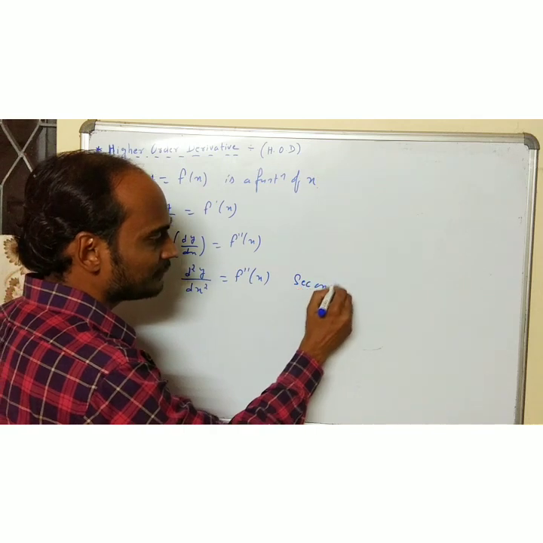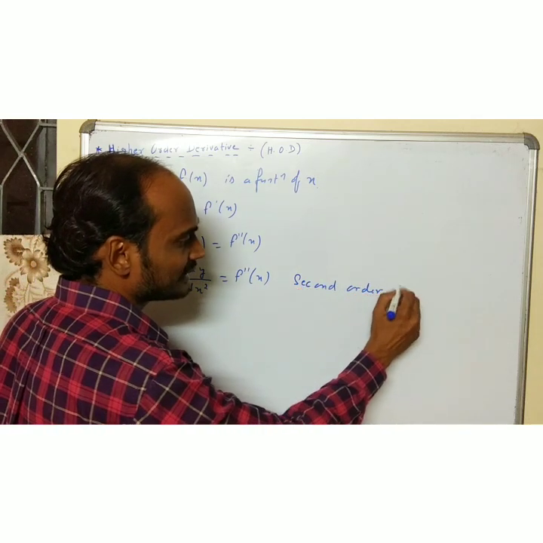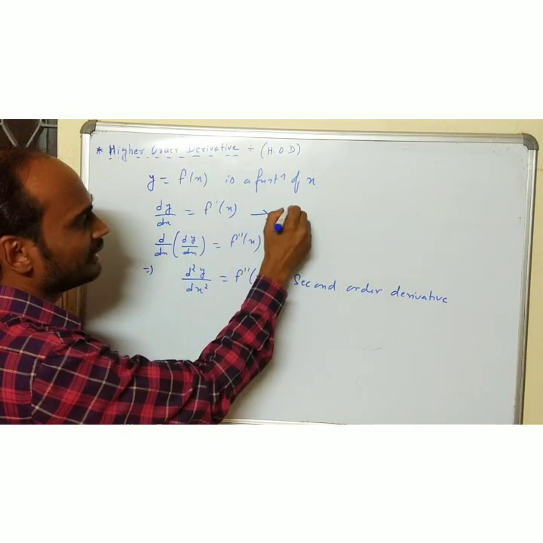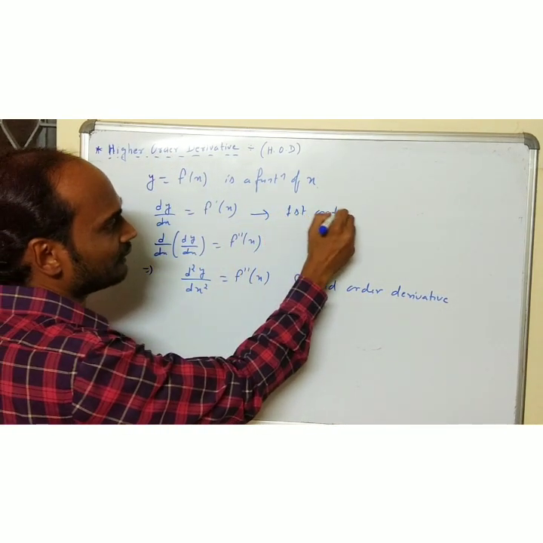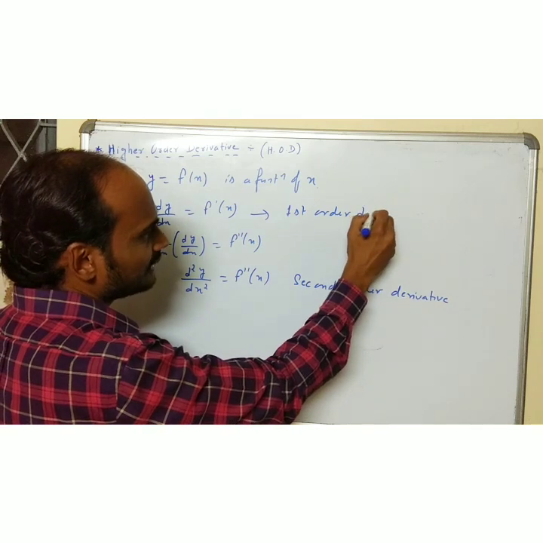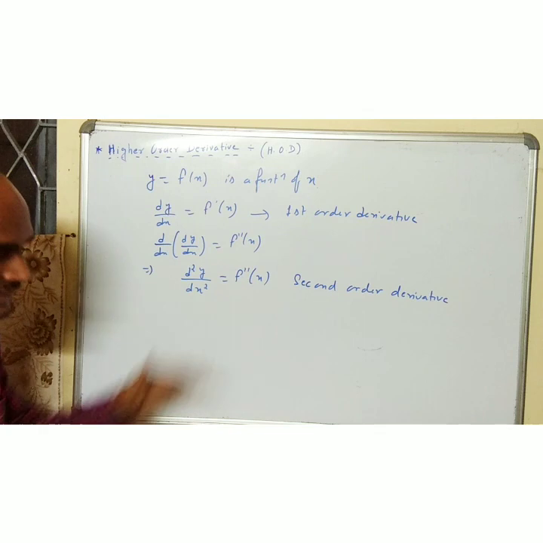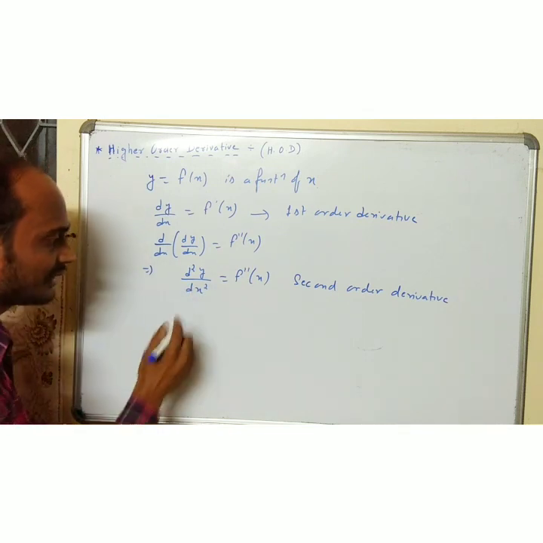So the exact term is second order derivative. You can see that the first derivative which we found here is called the first order derivative, or simply the first derivative, and this is called the second order derivative. Now suppose this is further differentiable.